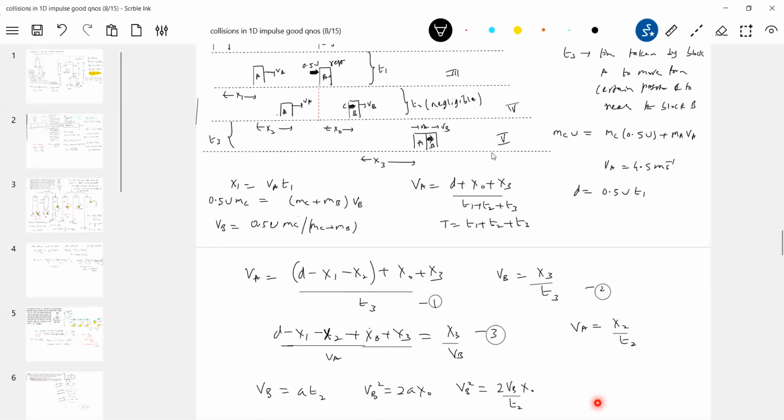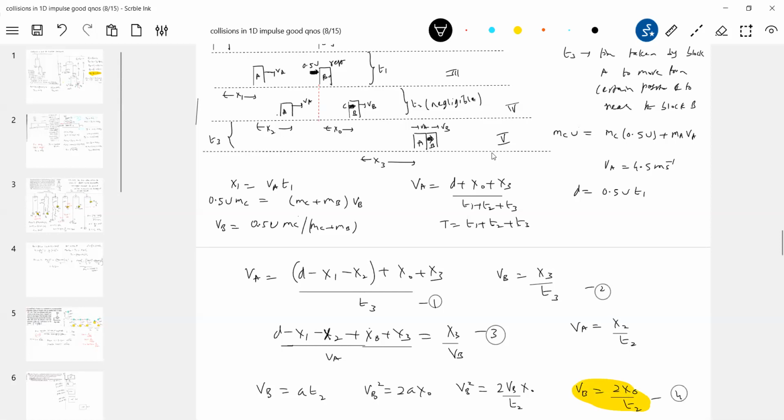Next step, so on one side I have VB equal to x naught by T2. This is a very important equation. Call it equation 4.